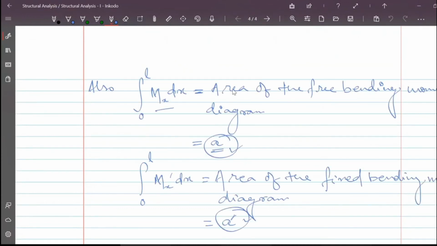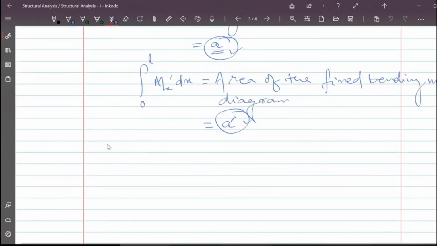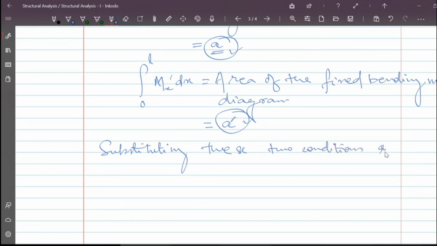So substituting these two conditions in equation 1.